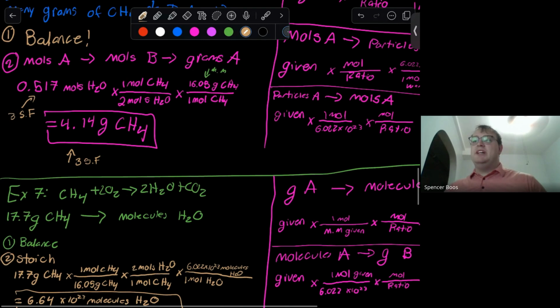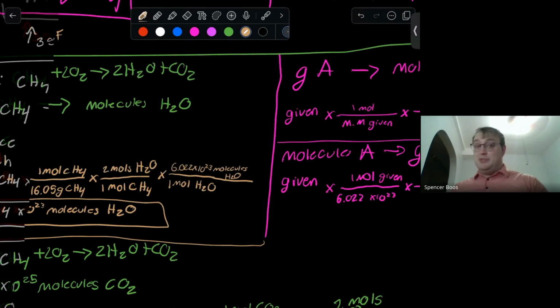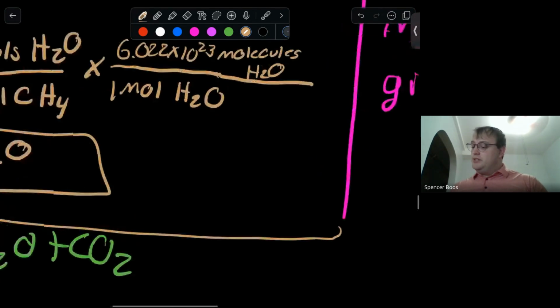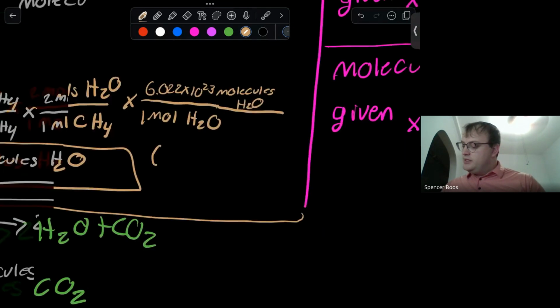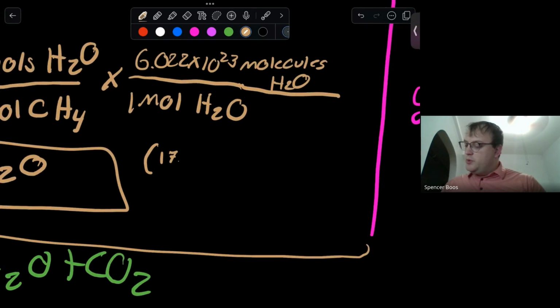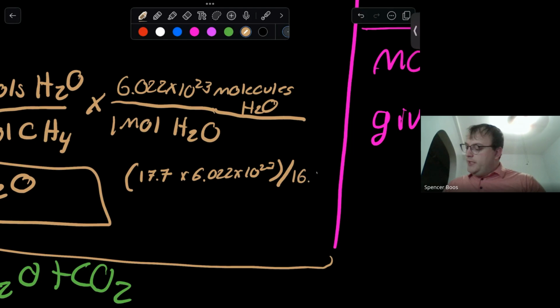Can you explain how you got the 6.64 times 10 to the 23rd? Because when I calculated it, it didn't match. Sure. For this one, I assume you're talking about example 7. When I put this into my calculator, I did 17.7 times 6.022 times 10 to the 23rd divided by 16.05.